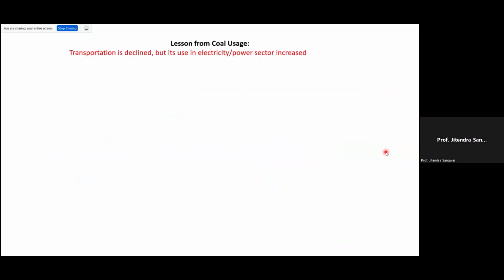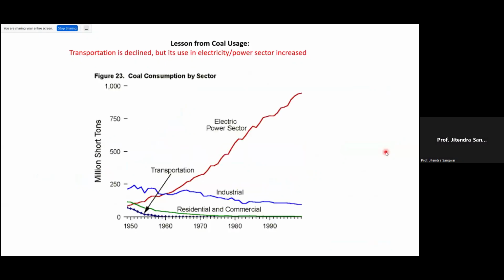However, if you look at the lesson from coal, everybody knows that coal was primarily used in early days in transportation, primarily running our trains, right? And then the usage of coal stopped somewhere in 1950 onwards, or 60, somewhere in the middle of that, just because of the pollution.